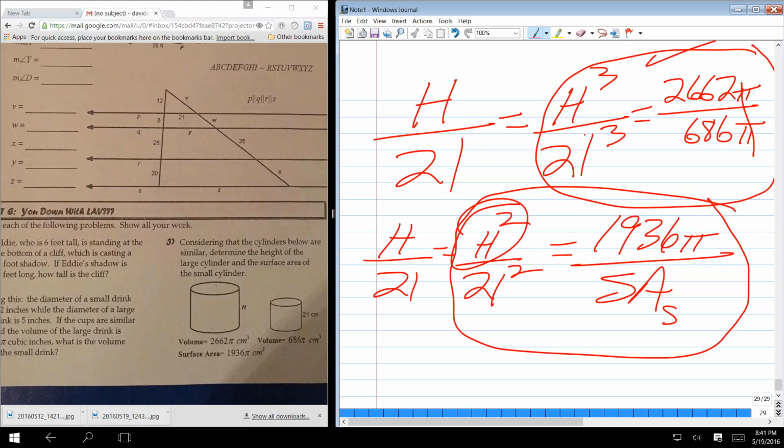In other words, the very first thing I did was cube top and bottom. And I know what the volume ratio is. They give it to me. The volume ratio is this volume over this volume. No variables there. That's the way to do that. Cool.